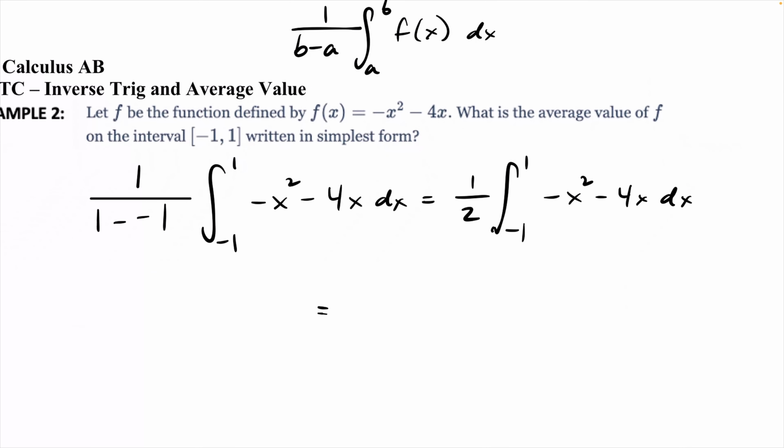Power rule says, with 1/2 in front, add 1 to the power and divide by the new power, and we evaluate that from -1 to 1.